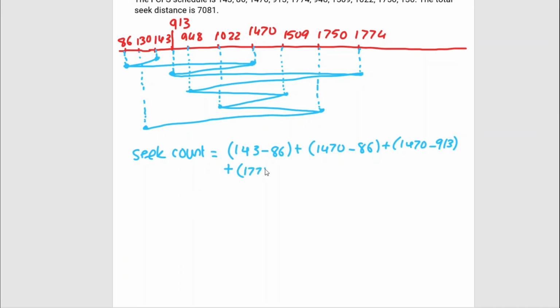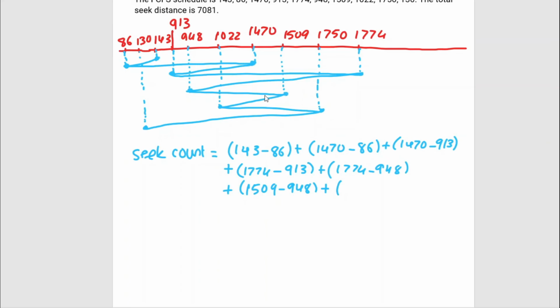So 1774 minus 913, plus from 1774 it is going to 948, plus from 948 it is going towards 1509. 1509 minus 948. Always the higher track number minus lower track number.